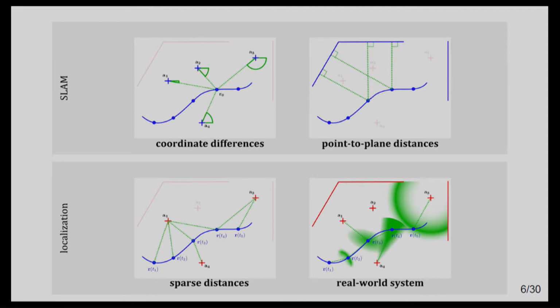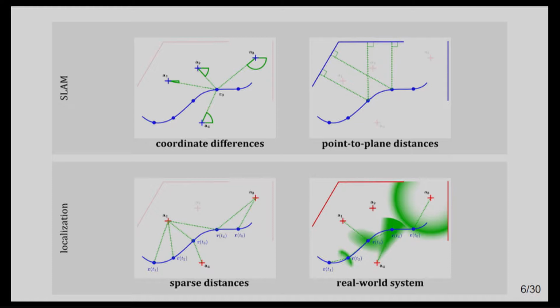Now, I'm going to talk about 4 sub-topics, and they can all be seen as generalizing the distance matrices to something other than point-to-point distances. So I will talk about coordinate differences, which arises when we have distances and angles.